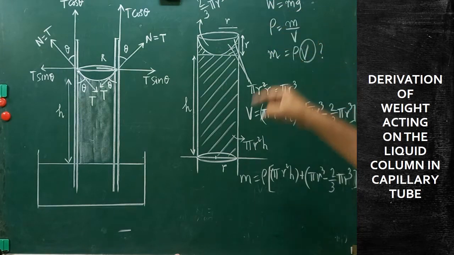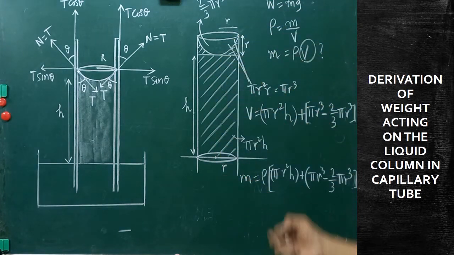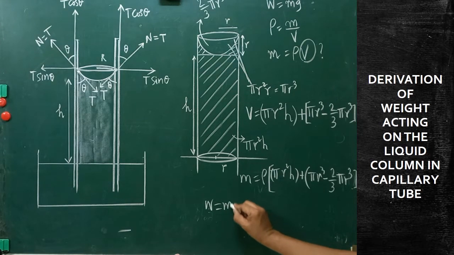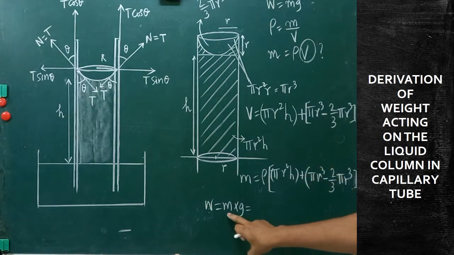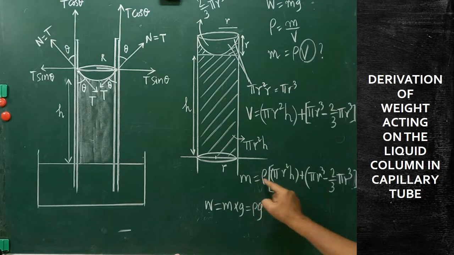But what we require is how much weight is acting in the downward direction, that is to be calculated. So the weight W is equal to M into G. Are you clear? The same expression for M is here, that should be multiplied with G, that's all. So therefore rho G both are multiplied outside.